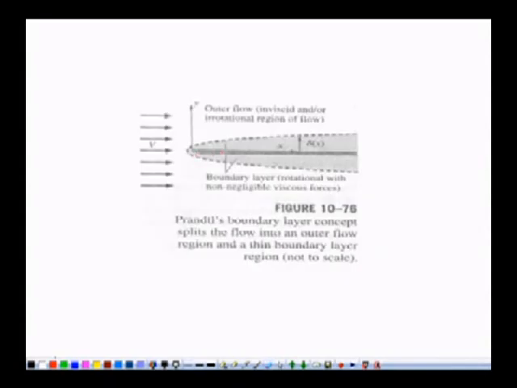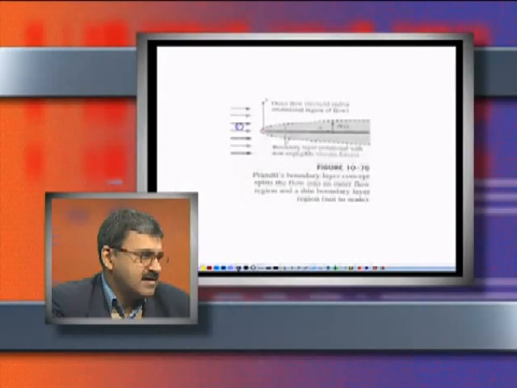This is a flat plate in which we have a fluid flow coming towards the plate with velocity v. He divided the flow near the boundary into two regions with the help of this dashed line. This dashed line is known as a boundary layer.